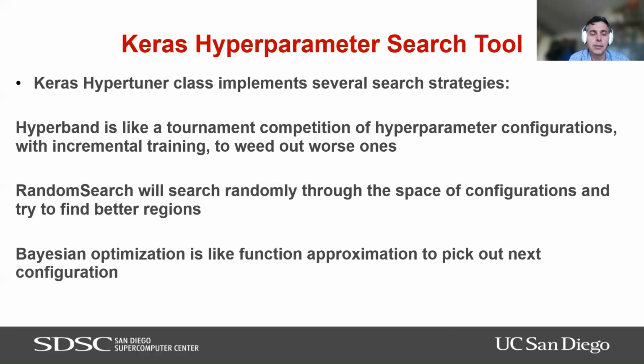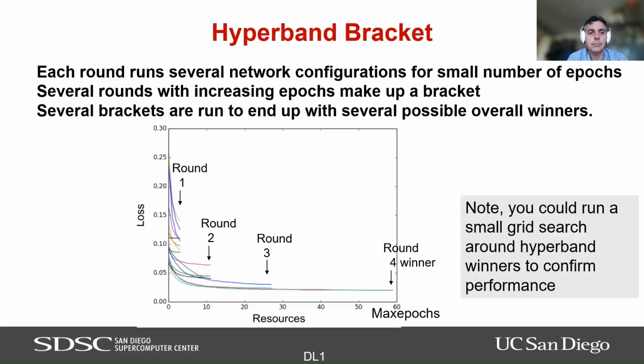There's also random search, and Bayesian optimization, which I haven't used, but is kind of doing a function approximation. It looks at combinations of hyperparameters where it hasn't searched before, and puts together combinations for you. But let me show you what the Hyperband one looks like.